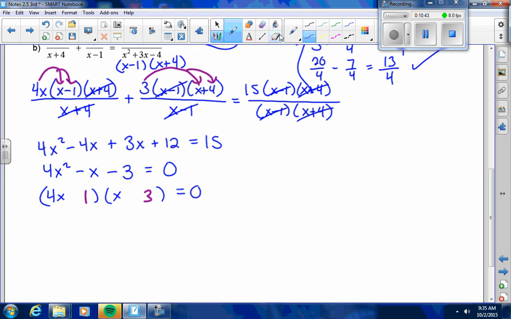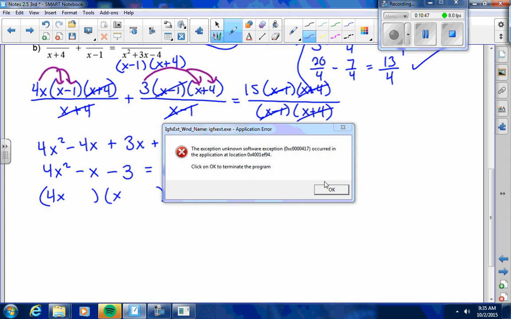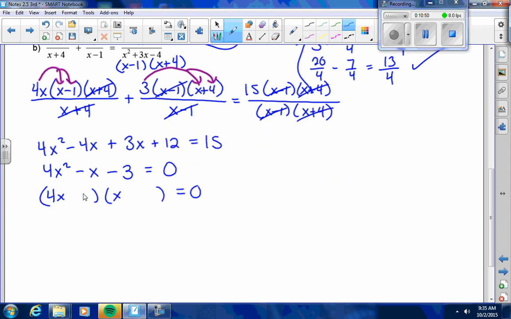No. So let's try switching those. Can I do a 3 here and a 1 here? That'll give me a 3x in the middle and what on the outer? 4x. Which one will give me a negative 1x in the middle? Negative 4x. So 4x times 1, that needs to be a negative 1. And then the 3x is going to be positive.